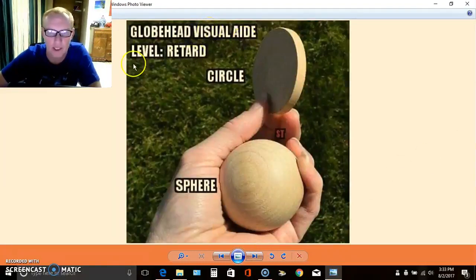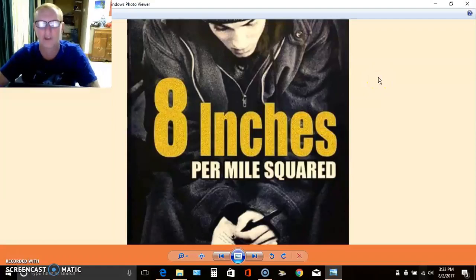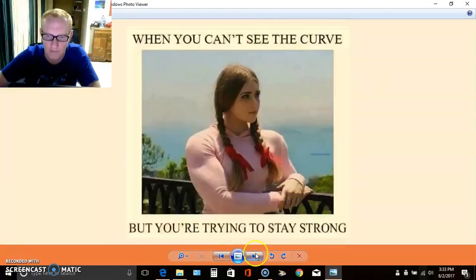Globe head, visual aid, level, circle, sphere, 8 inches per mile squared, 8 miles. Even this dipshit knows they can't drill further and never have drilled further than 8 miles, so they have no fucking clue. Anything that they say beyond that, they don't know. It's a lie. They haven't been there. They've never been lower than 8 miles, so they can't know what's there.